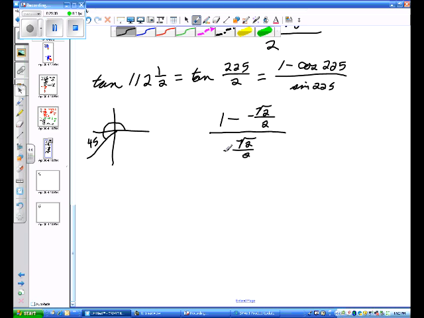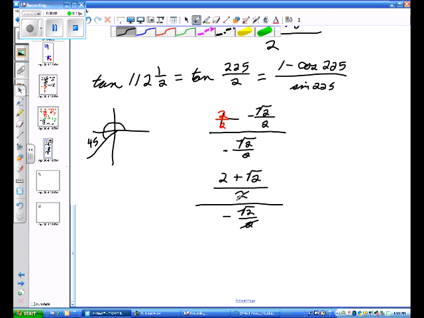We're in the third quadrant, so it's negative. So again, we get a common denominator up here, which would be 2 halves. So we're going to have 2 plus the square root of 2 over 2, divided by negative square root of 2 over 2.